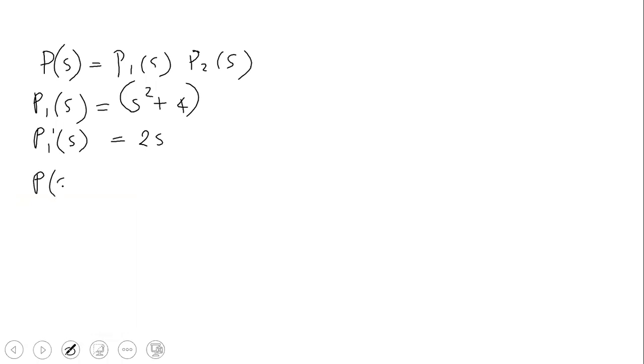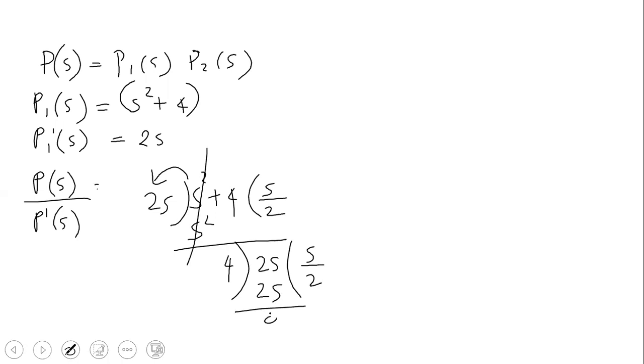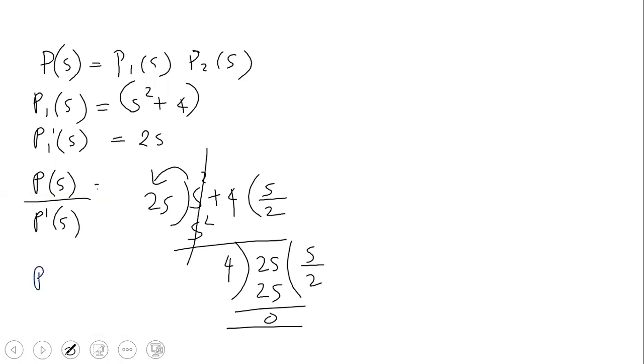So this is P of S upon P dash of S. It's not going to be very difficult because this leads to S square plus 4 times 2S, and this divided by this is going to give us S by 2. S square will be cut, and you get 2S, and this will be S by 2 again. As the quotients are positive, I can say that my term P1 of S is Hurwitz.